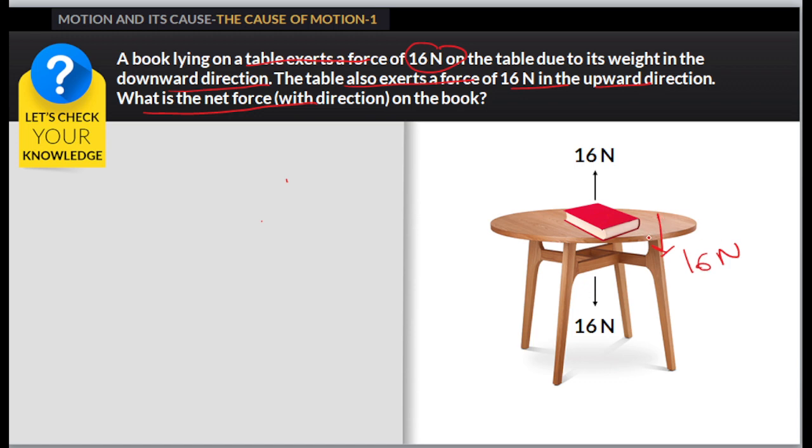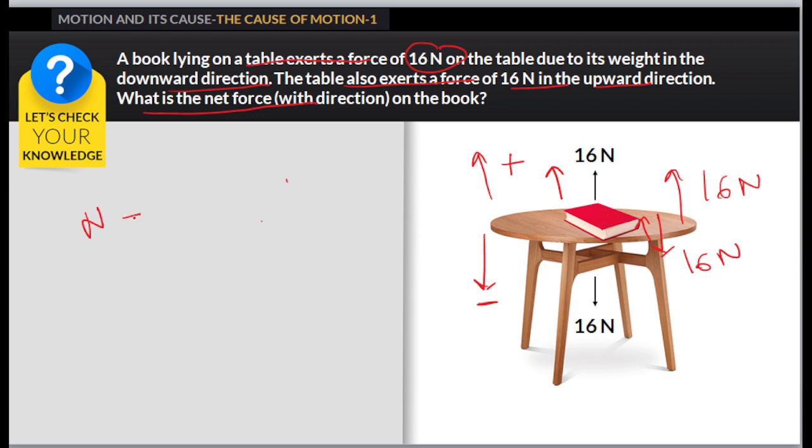The table is also exerting a force on the book in the upward direction, and this is also 16 Newton. Let's say I take my reference in the upward direction. I am choosing my reference as positive, and the force opposite to this upward direction I will take as negative.